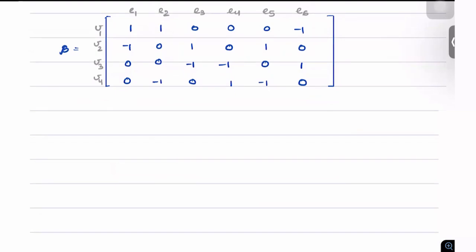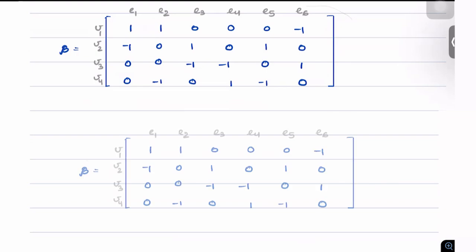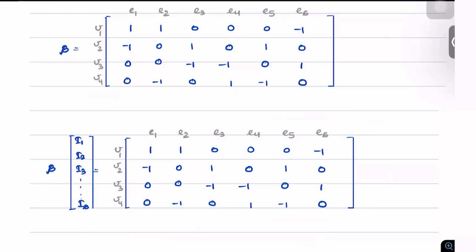Let us do some quick manipulations to it and observe a few things. Let me write up the matrix here again and multiply this matrix by the following: I1, I2, I3 up to I6. So now I've constructed a vector here consisting of the currents that flow through the circuit.